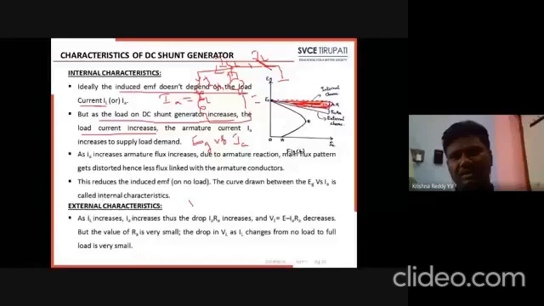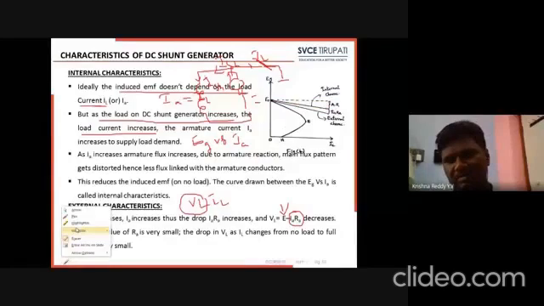VL versus IL. Here VL can be obtained by subtracting the armature resistance drop from the induced voltage. When you subtract the armature resistance drop from the induced voltage, we get the external characteristics. Due to armature reaction, the voltage is further reduced.